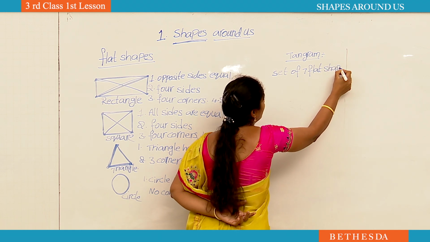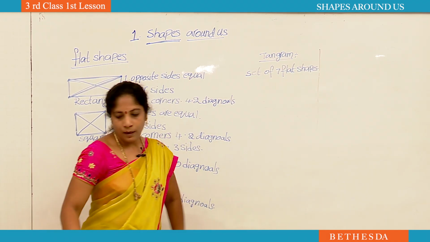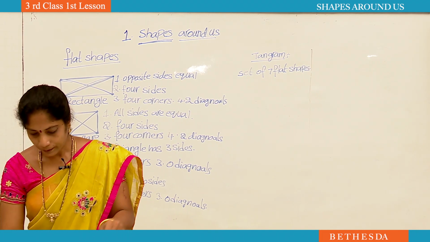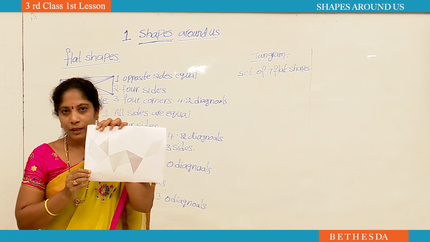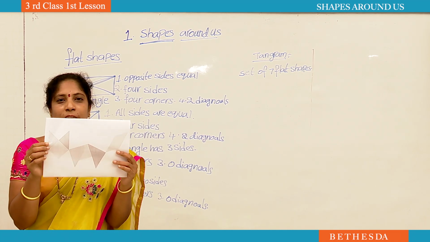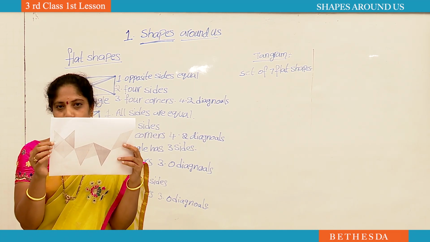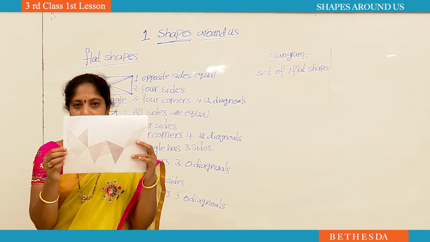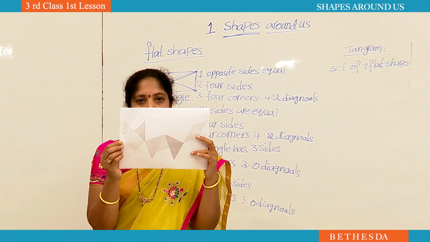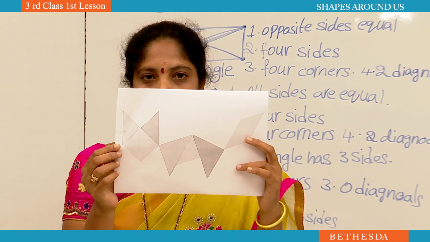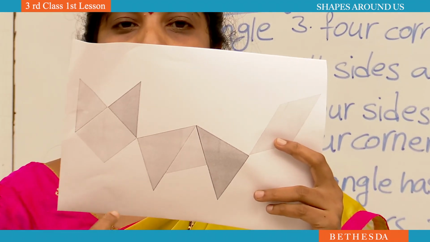You can see these tangram sets in your drawing room. You can see here what the shape is. If you observe carefully, you can see a cat picture, a cat diagram. In this, they used only flat shapes. This is called a tangram set.